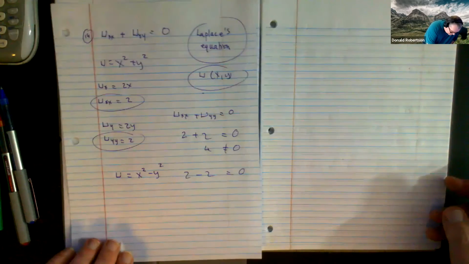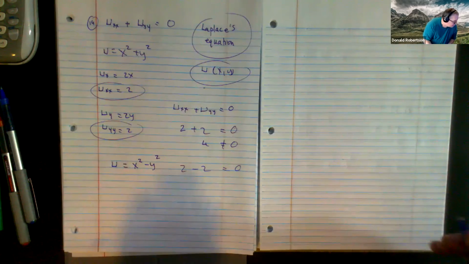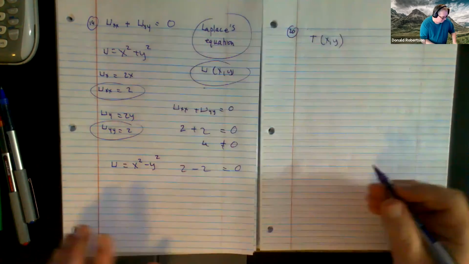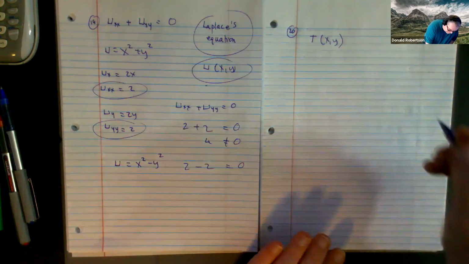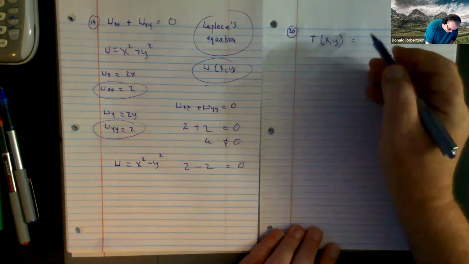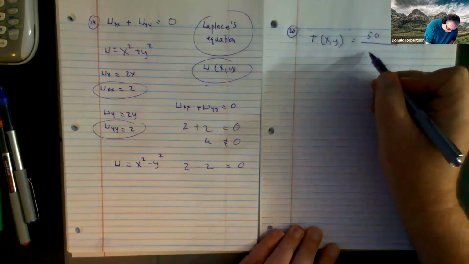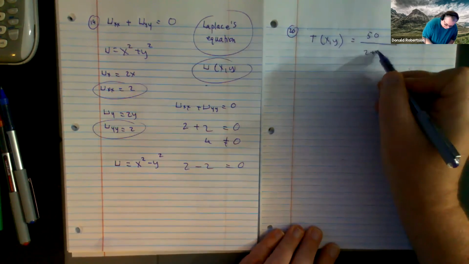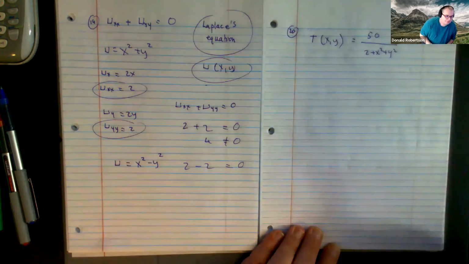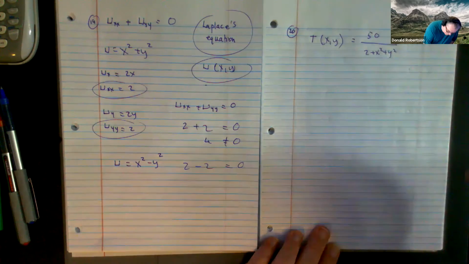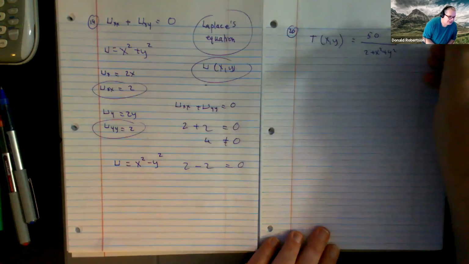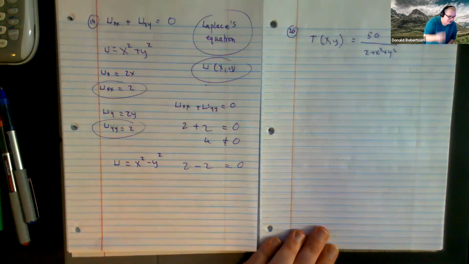Now, the next puzzle, a version of question 20, is imagine a plate or a surface, and the temperature at position (x, y) is given by 50 over 2 plus x squared plus y squared. This is not as unreasonable as it seems. Can you imagine you have a rectangular or circular plate and you have the origin here, and the origin is where the heat is, the Bunsen burner or the jet engine or whatever it is.